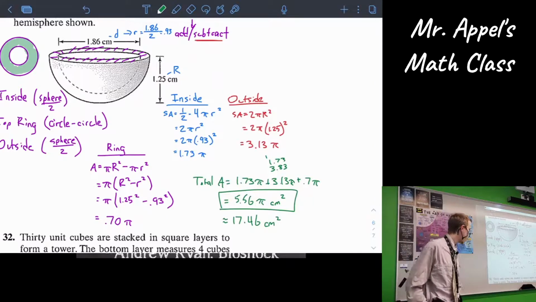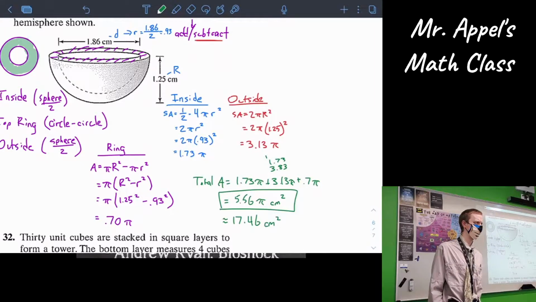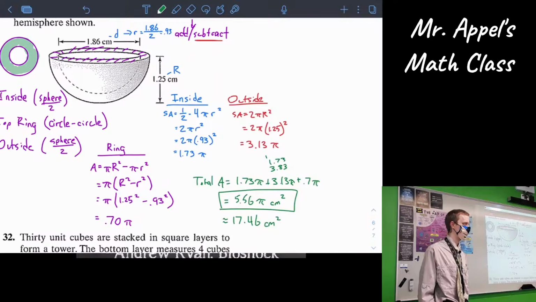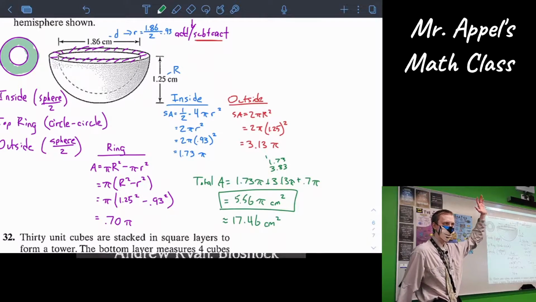All right, I had another one queued up. Do you want to go through the other example together, or do you want to just start on your problem set? Any thoughts? Raise your hand if you'd like to see the second example. Raise your hand if you just want to start the problem set.